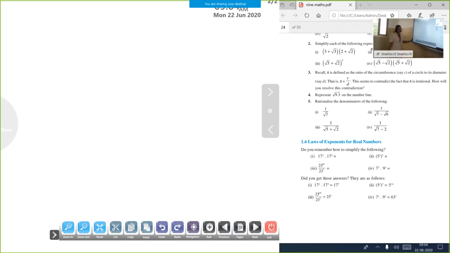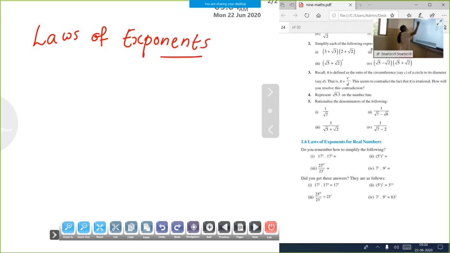Next section is laws of exponents. And our first law is, you know, what is the first law? Suppose our question is like this, a raised to m.